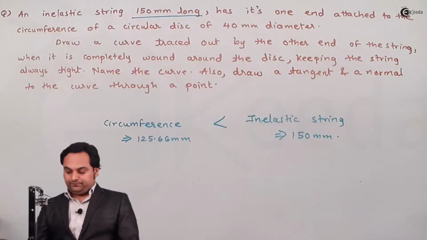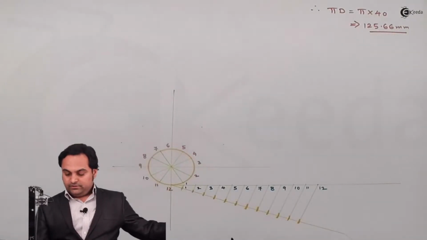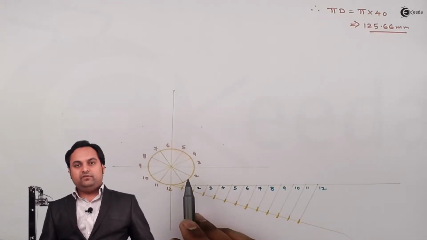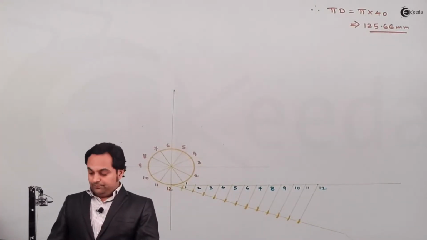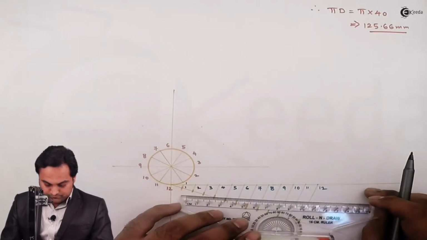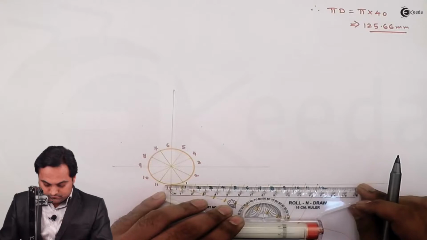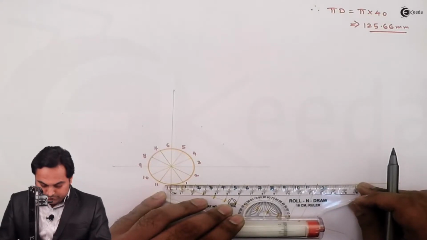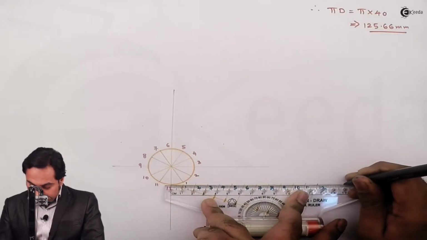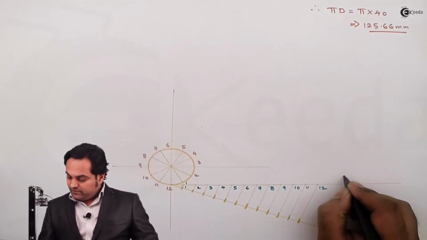So here the string will wind this circle beyond point 12. So for that, now I'll measure 150 mm from point 12, and this will give me the point P.